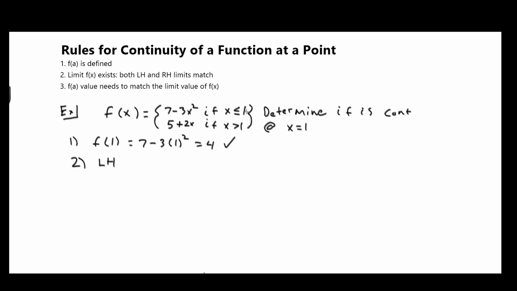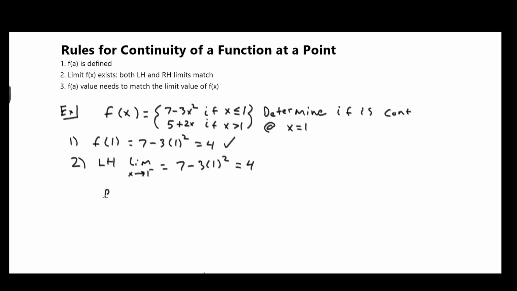Our x value is only less than 1 for this function here. So we'll get the limit of our first function, and we get a 4.